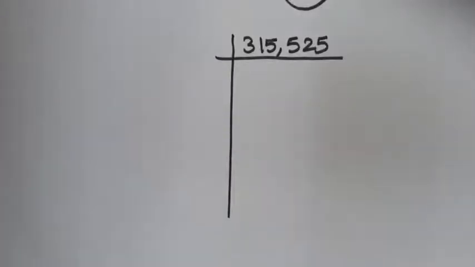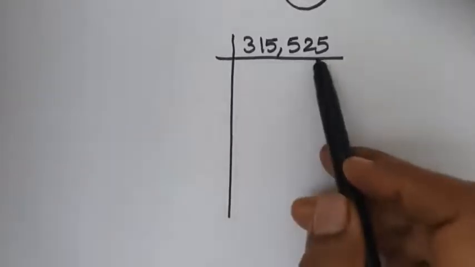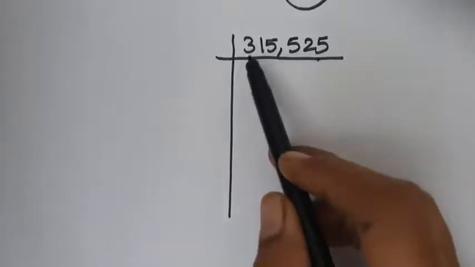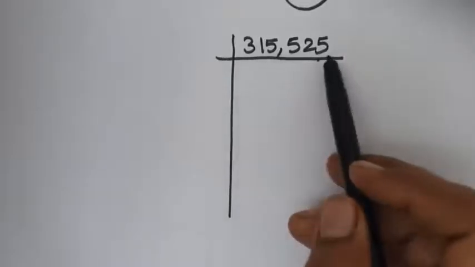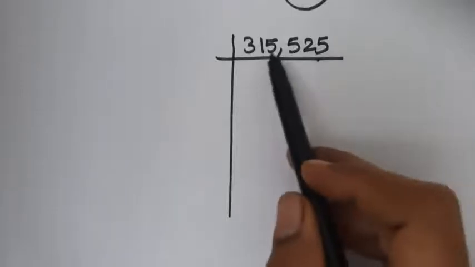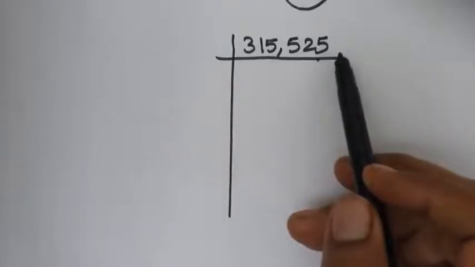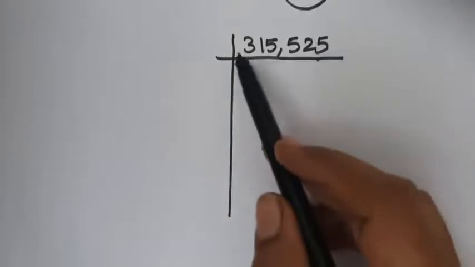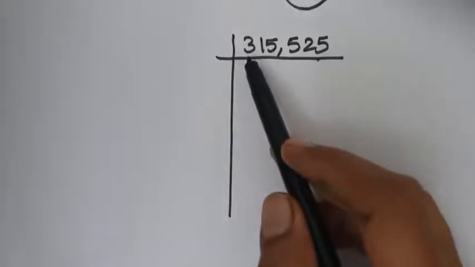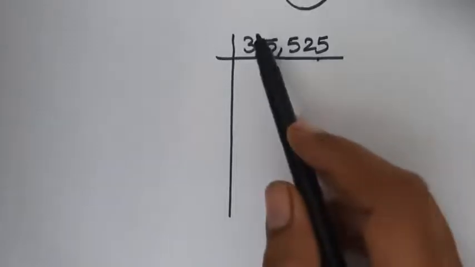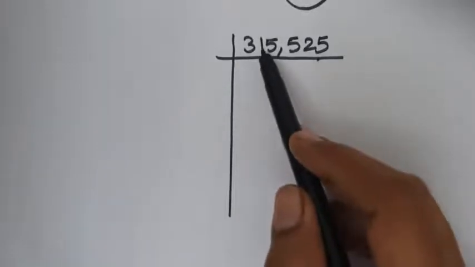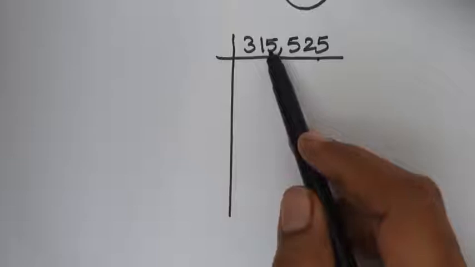Now think of a prime number in which both numbers come. No, they are not divisible by 2. Let us think about 3. For 3, we add the digits. 3 plus 1, 4. 4 plus 5, 9.